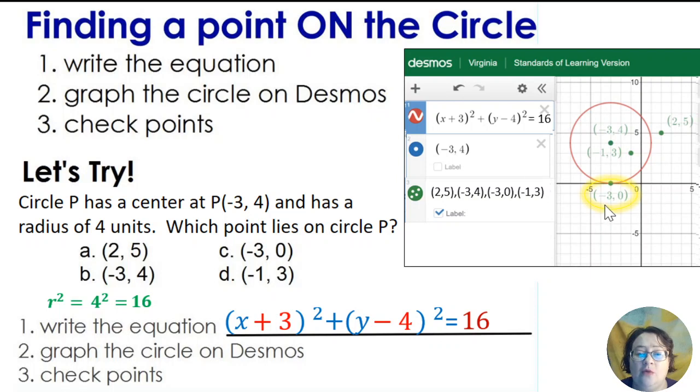Here we see that only one of those points, negative 3, 0, is on the circle. If I look at the others, negative 3, 4 is on top of the center, negative 1, 3 is inside the circle, and 2, 5 is outside the circle. So only this one is on the circle itself. So negative 3, 0, or answer choice C, is my answer.